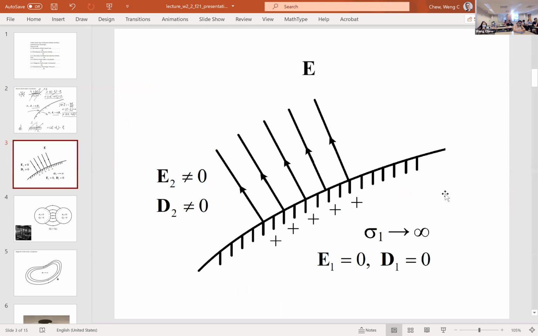So let's look at this picture. This picture is the case of a conductor interfacing with free space, which is air in this case. Okay, air, we can assume that mu is equal to mu naught, epsilon equal to epsilon naught, that is the permeability and permittivity of vacuum. So as we said before, there has to be some surface charge accumulation.